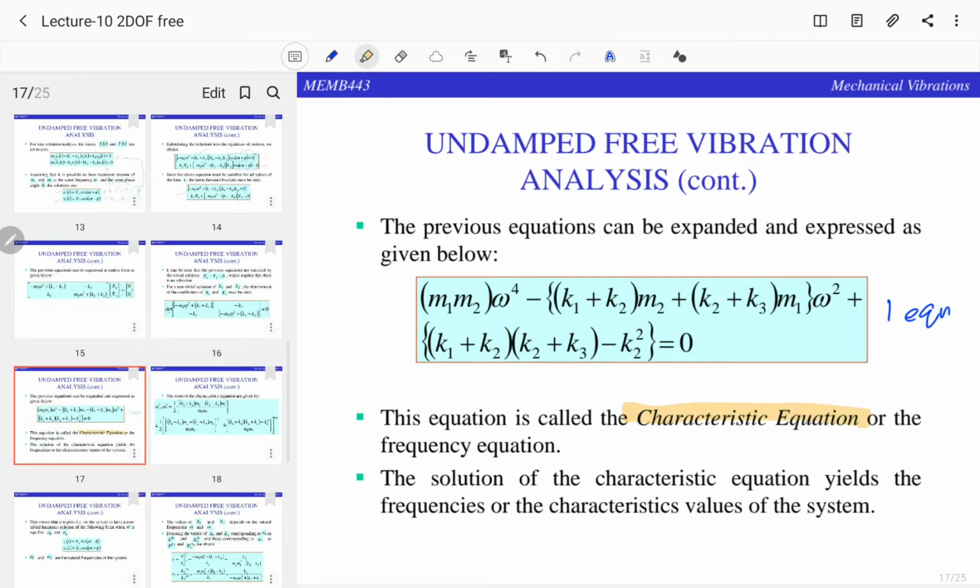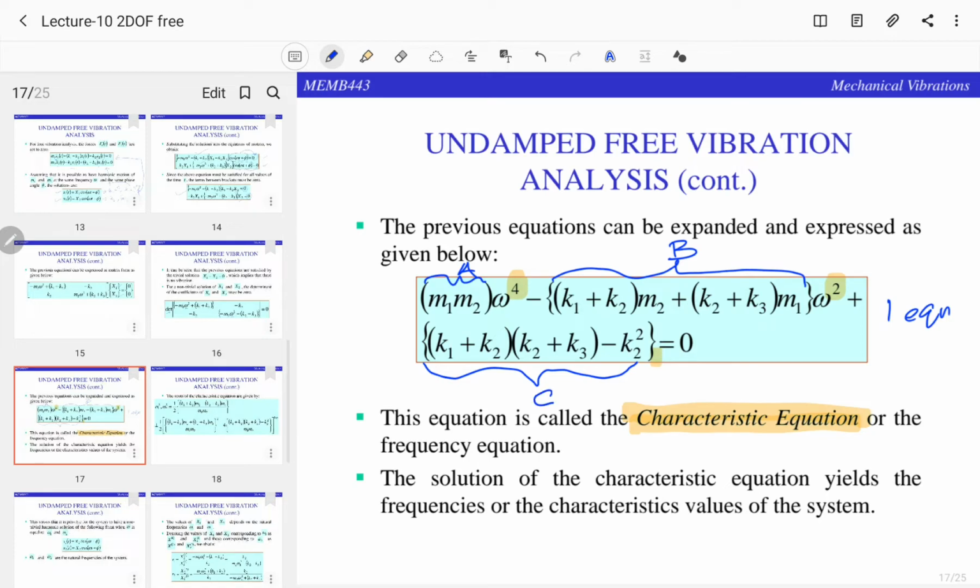Okay, based on this characteristic equation, notice that the power is 4, 2, and there's no power here, right? So that means if you use your calculator, for example, basically what you key in is this will become your A, this will become your B. Remember, your calculator can solve the characteristic equation.